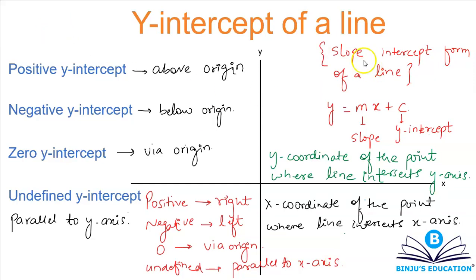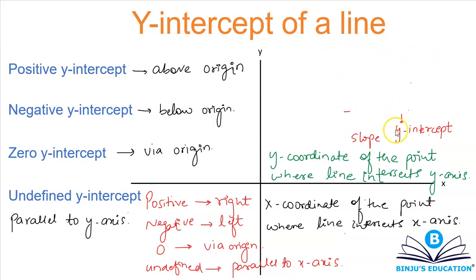So let's suppose some equation is given to you, and they ask you to find out the x and the y intercept. How do you do that? Let's say they give you 7x + 8y = 56, and they ask you to calculate the x and the y intercept.